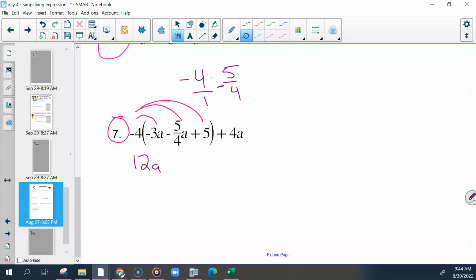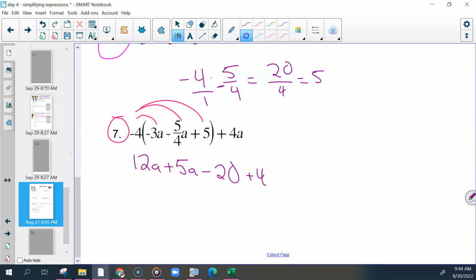This should be positive 5a. Then we're back to numbers. Negative 4 times 5 will give us a negative 20.